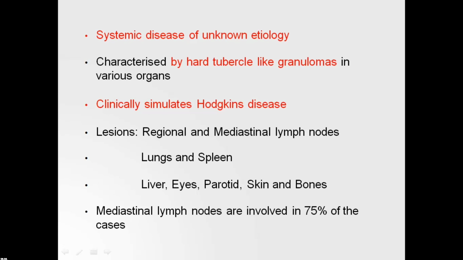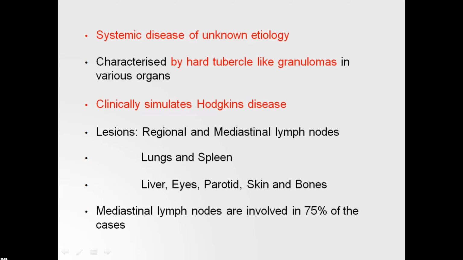Sarcoidosis is a systemic disease of unknown etiology characterized by hard tubercle-like granuloma formation, chronically simulating Hodgkin disease. Lesions usually occur in the mediastinal lymph nodes, lungs, spleen, liver, eyes, parotid, skin and bones.